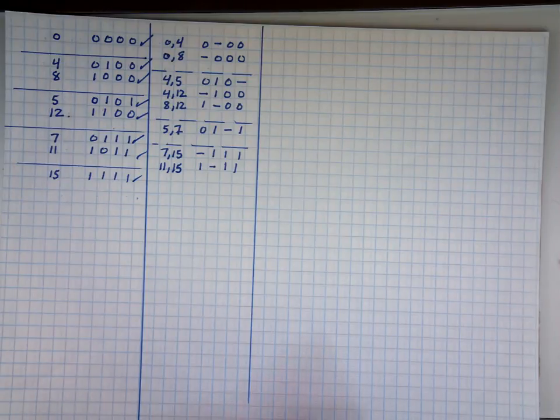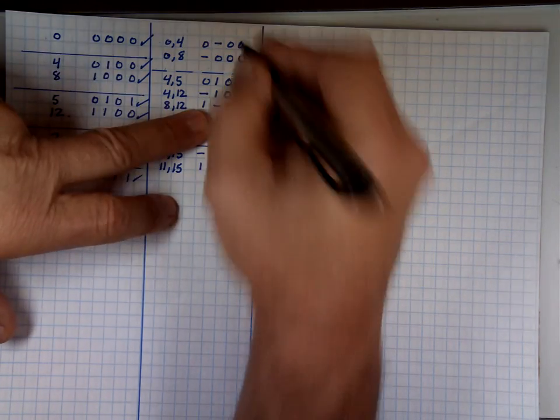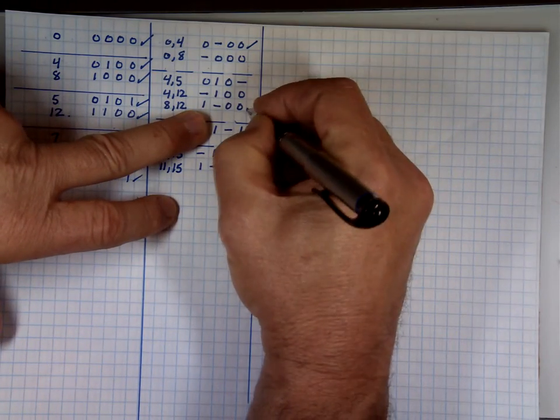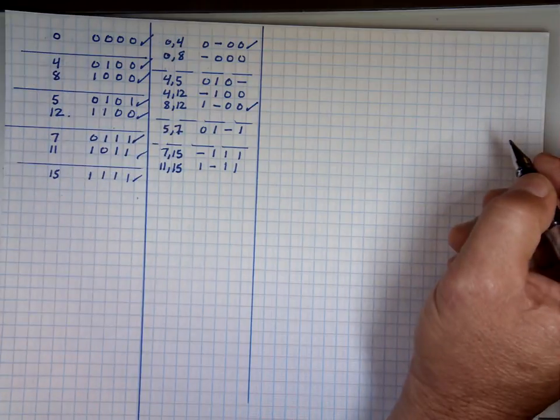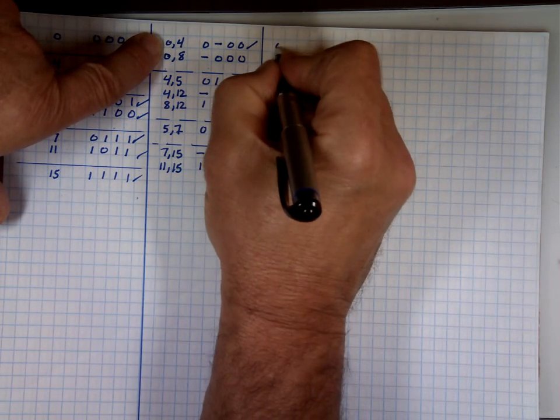Now I got to look at this group and that group. But the check mark has to match. So the only one I see is right here and right here. So the dashes have to align? The dashes have to align, yes.